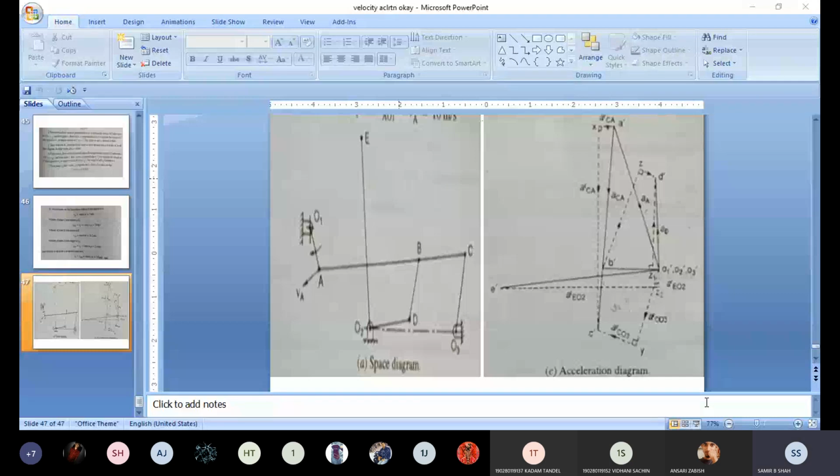O2 dash E dash by O2 dash D dash is equal to O2E by O2D.